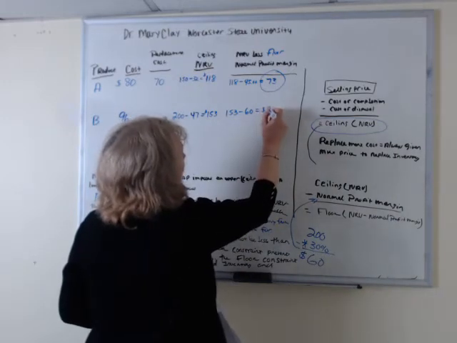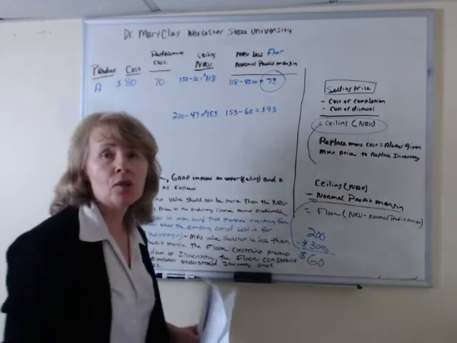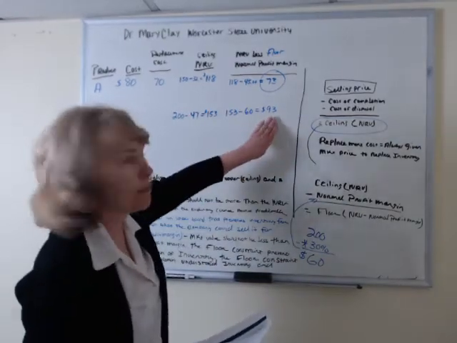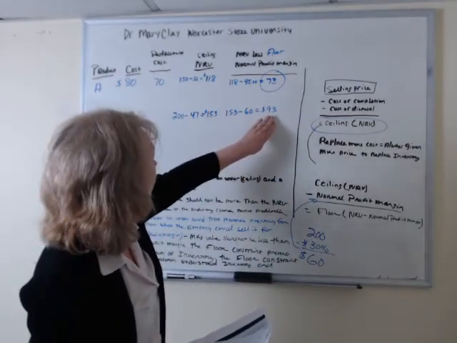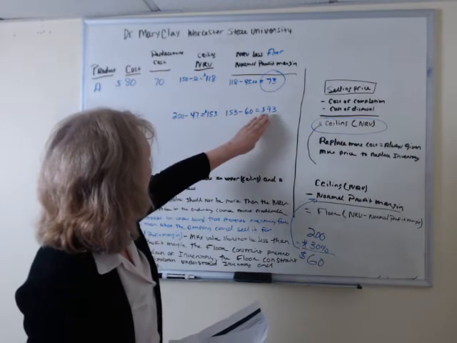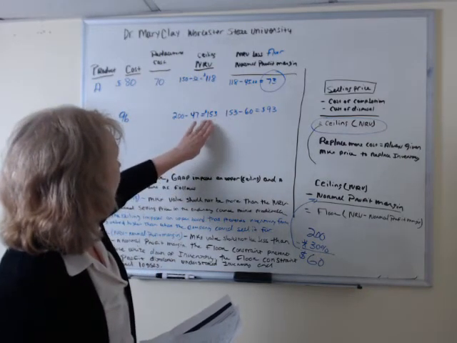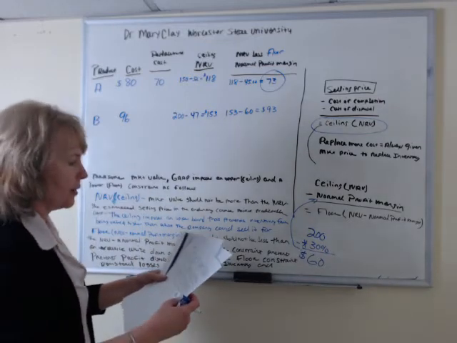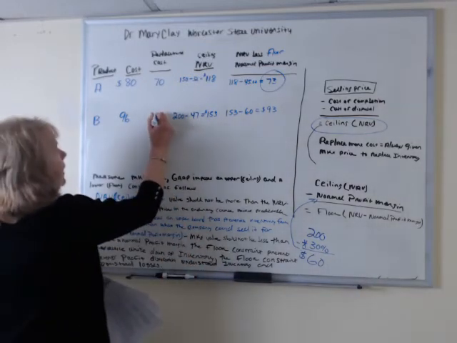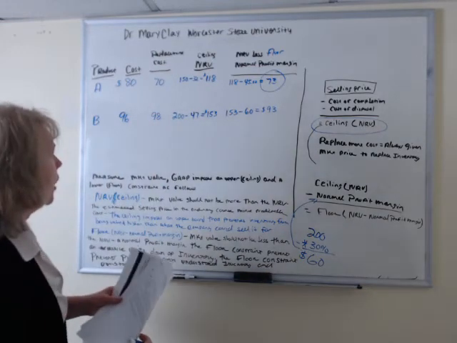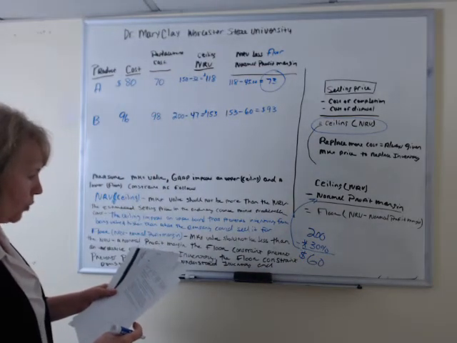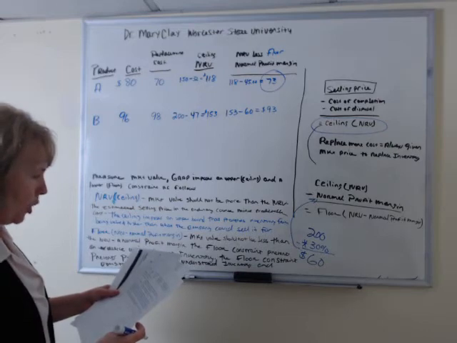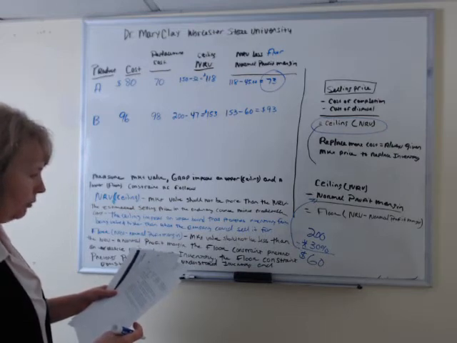I'm going to wait to circle this. Here's why. Here's my market. My market for floor is 93. My market for the ceiling is 153. The replacement cost is given to me. It's 98. So I'm going to choose the number in the middle.